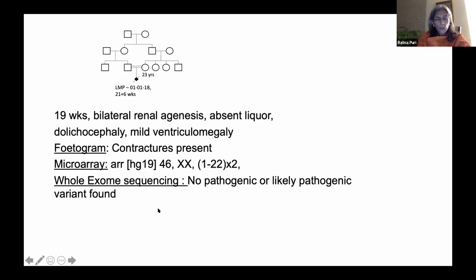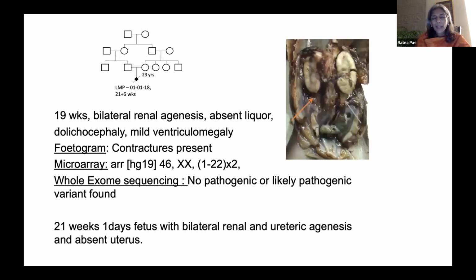The microarray was normal, and the whole exome sequencing did not identify any pathology. And the reason for that was, this whole exome sequencing had been sent off prenatally before the fetus had been examined. Now, because of renal agenesis, we think that it is a monogenic disorder, or at times can also be associated with microarray abnormalities.